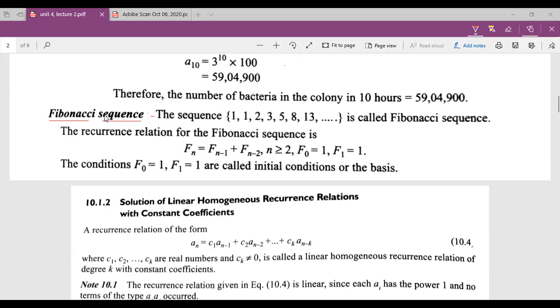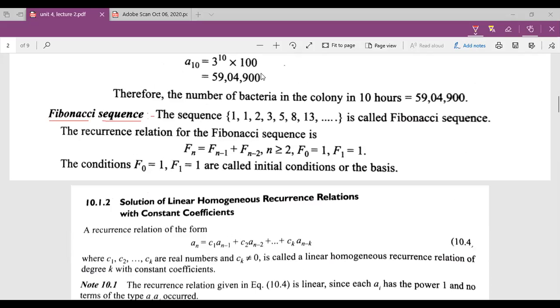So next definition, Fibonacci sequence. The sequence 1, 1, 2, 3, 5, 8, 13 is called Fibonacci sequence.